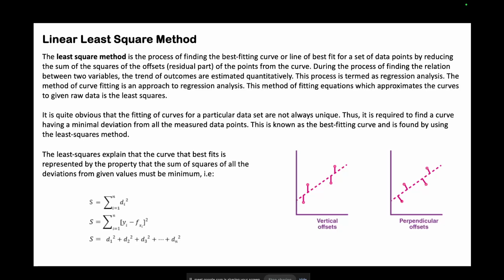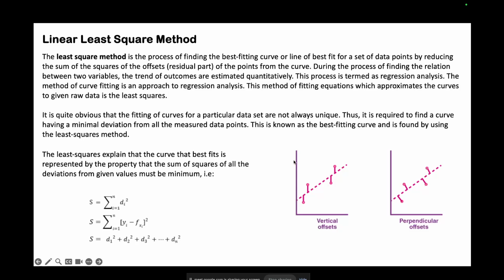So this is your regression line, this is your data point, and if you're assuming that these are perpendicular offsets, you're assuming that your variation is because of both x and y variation. But if you assume vertical offsets, in this case, you're assuming only variation in y.